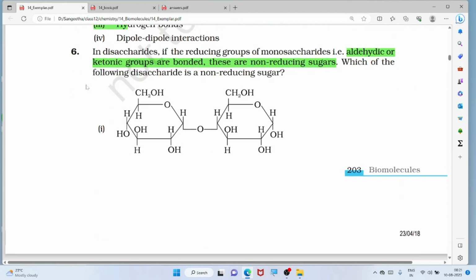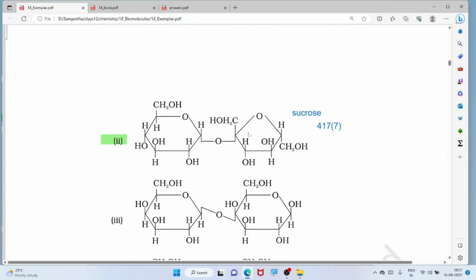Hydrogen bonds. In disaccharides, if the reducing groups of the monosaccharides, that is aldehyde or ketone groups, are bonded, they are non-reducing sugars. When there is a bond between these aldehyde or ketone groups, which of the following disaccharides is a non-reducing sugar? This one is sucrose, a non-reducing sugar.